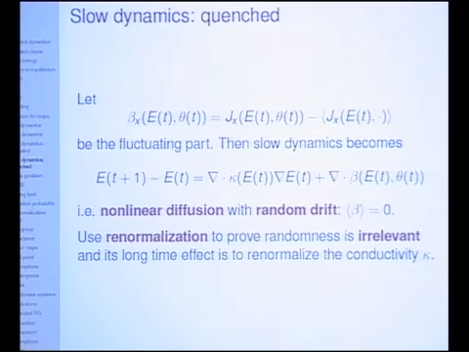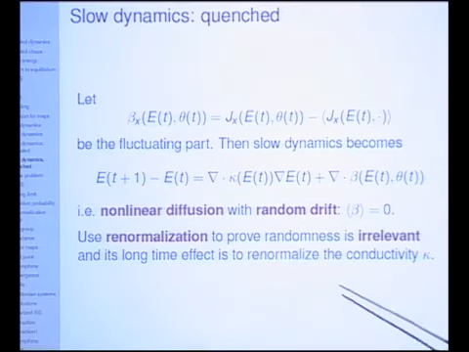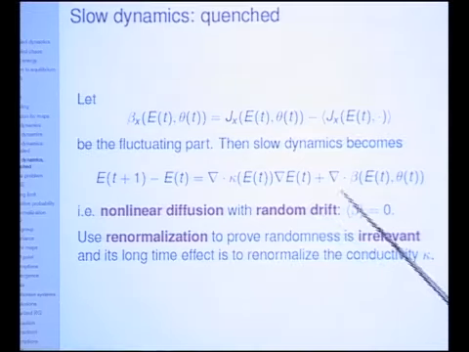Then the slow dynamics in the end is given by a nonlinear diffusion and a random drift, where the drift has 0 average. So this is the model we're going to discuss now. What we want to do is use renormalization to prove that the randomness is irrelevant, and also that the nonlinearity is irrelevant. The long-time effect of all this is just to renormalize the diffusion.